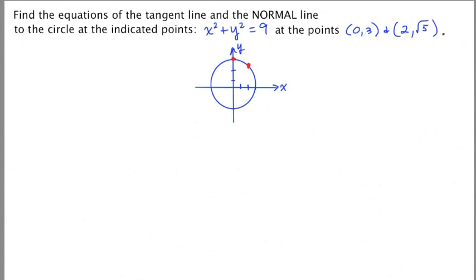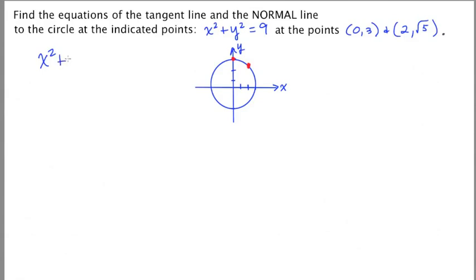In our final example, they ask us to find the equations of the tangent lines and the normal line to the circle at the indicated points. The term normal line might be new for you, but it just means perpendicular. So whatever we find as the slope of the tangent line, we're just going to take the opposite reciprocal to find its perpendicular counterpart. So let's start by taking the function and finding its derivative.